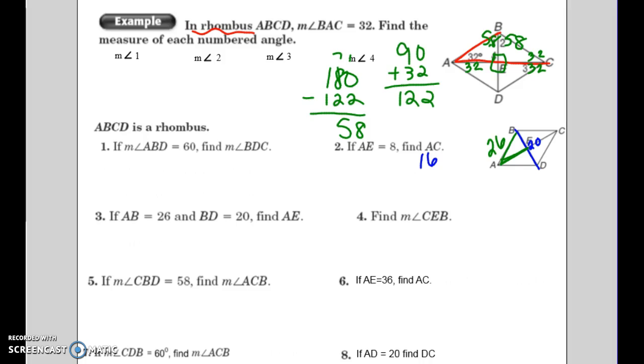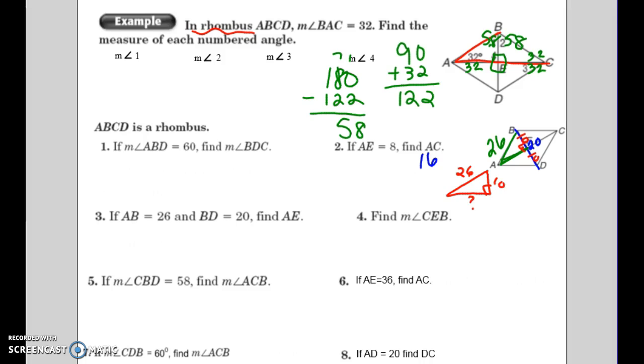What can I do with the 20? I could split it in half, absolutely. So this would be 10 and this would be 10. It's a rhombus. What else do we know about a rhombus? Right. How big is this right here? Ha-ha. So now what I have is a right triangle where this side is 26 and this side is 10. How would I find that one?